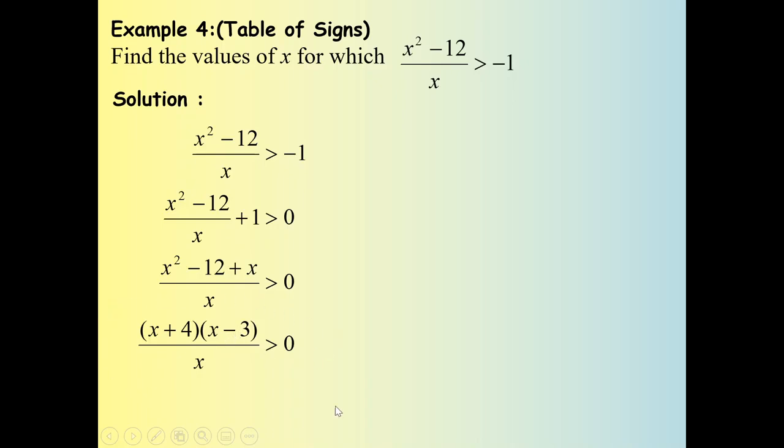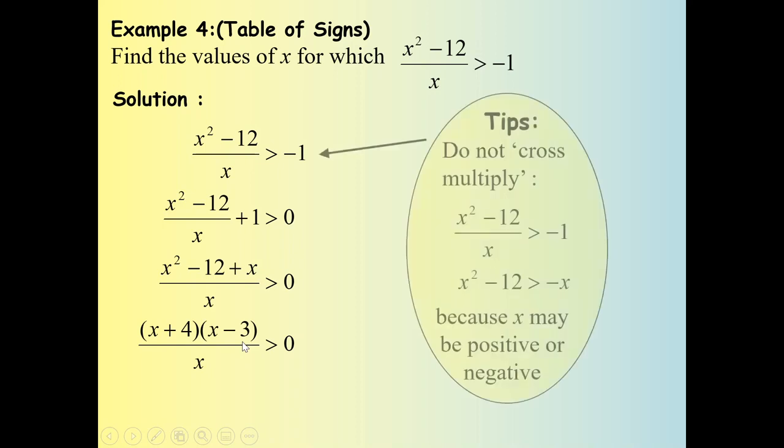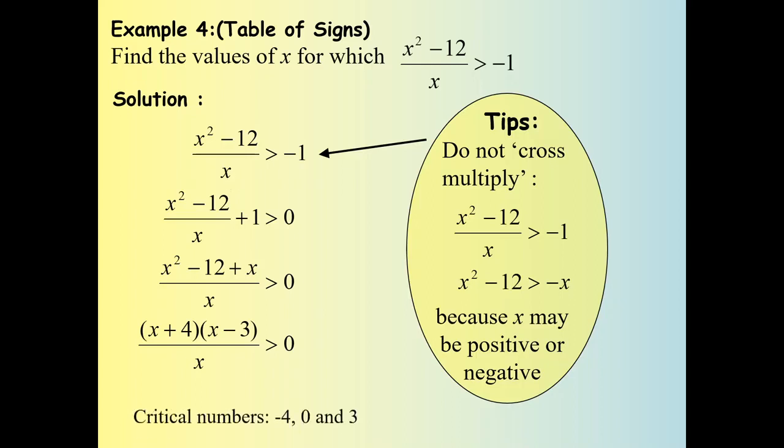This is the end result of the simplification. So take note, do not cross multiply because x may be positive or negative. So the critical numbers for this will be -4, 0 and 3.